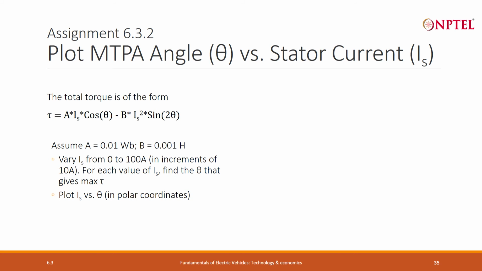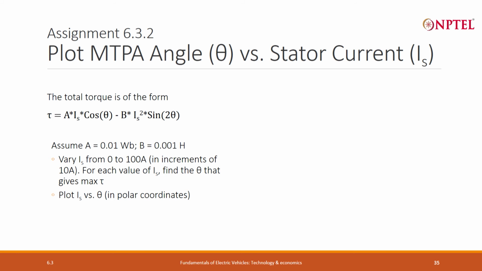You remember that A is actually the psi of the magnet, so it is expressed in Weber, and B is the difference in inductance Ld minus Lq, so its units will be Henry, and the value of B is 0.001 Henry. This is the sample of a motor that we have got.